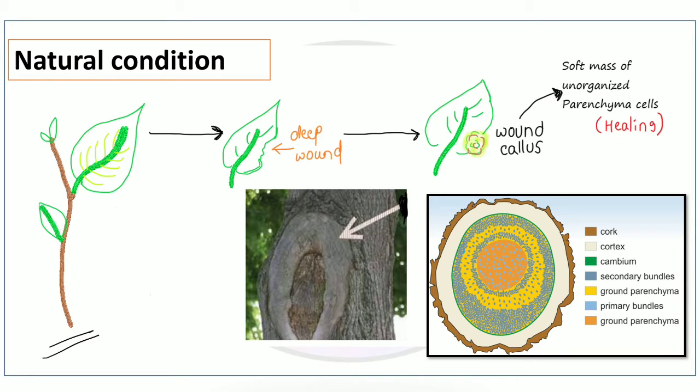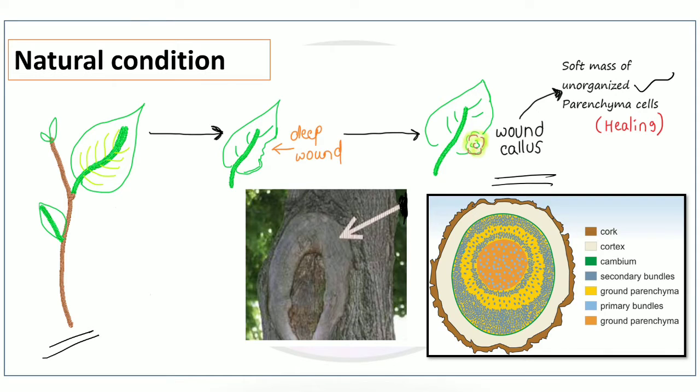In this case you can see the leaves have got wounds. So this causes the natural formation of callus, meaning the cells at the area of the wounds multiply and form a callus which is named wound callus. These wound calluses are also a soft mass of unorganized parenchyma cells.